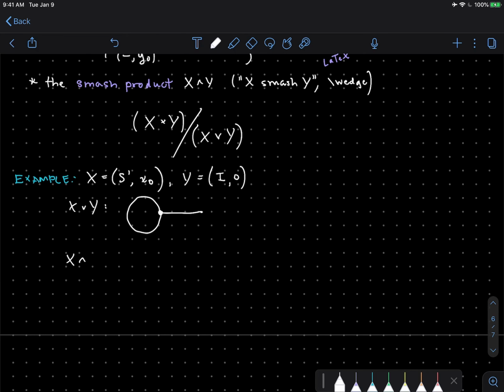The smash product, what will that be? Well, we'll take the Cartesian product first of all, which is that cylinder. And this line is the pair x0, comma, I. Let me draw this in a different color to make it clearer.